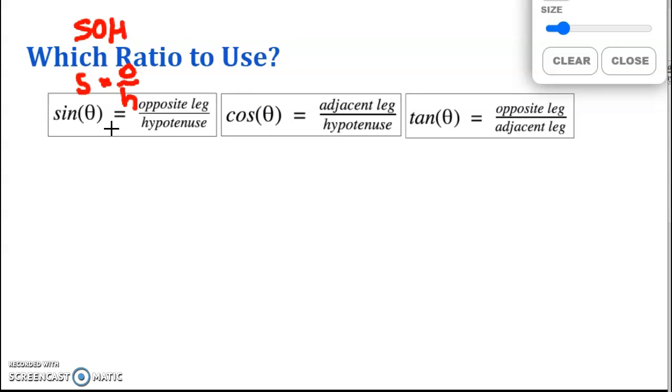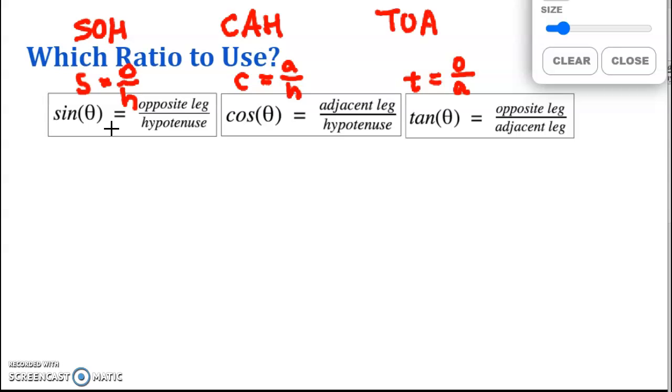And then cosine is always going to be adjacent over hypotenuse. That's where you get CAH. And then TOA, where tangent is opposite over adjacent. Say it enough times and you should be able to remember SOHCAHTOA.